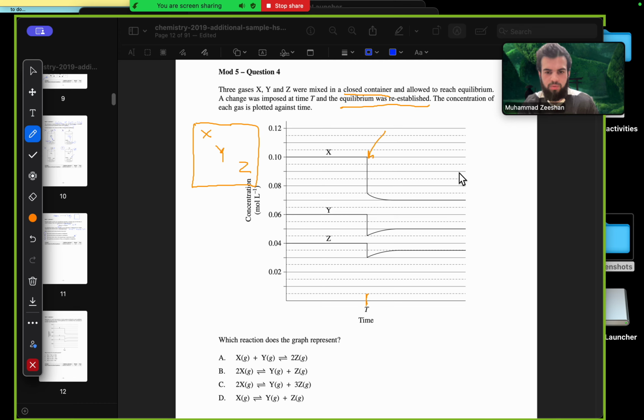Always in these types of questions, we ask what happened at time t. And we can see that the concentration of all three chemicals, all three gases, dropped.